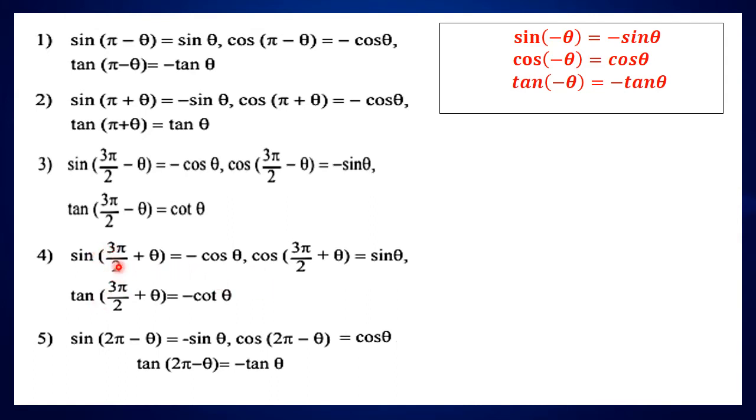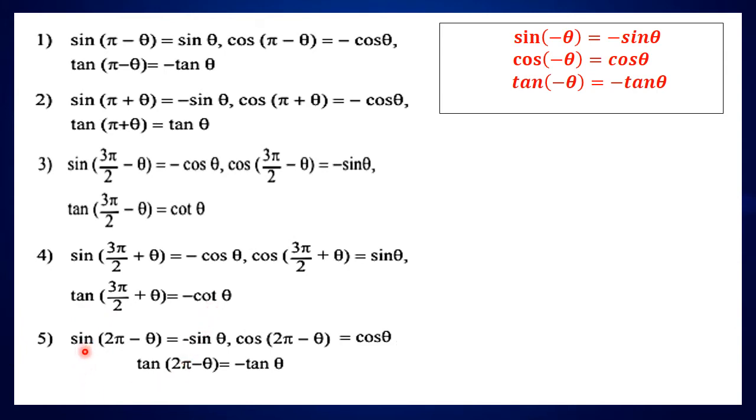Here 3 pi by 2 is coming, that is an odd multiple, so the co-function will come. Sin 3 pi by 2 plus theta is minus cos theta, cos 3 pi by 2 plus theta is sin theta because cos theta is positive in the fourth quadrant, and tan 3 pi by 2 plus theta is minus cot theta. The co-function of tan is cot.